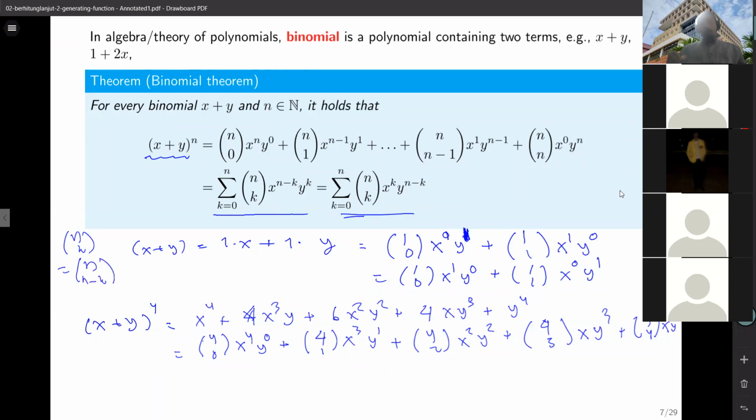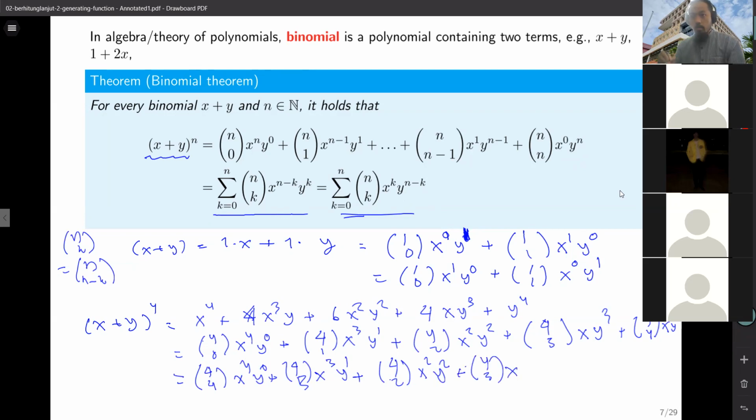So therefore, this is the same as 4 choose 0 plus 1 x, so 3 x to the power of 3 y to the power of 1, plus taking 2 from 4, and finally taking 3, and then taking 4, taking 0 here, so it should be 1, 0, and then this is x to the 0 y to the 4.